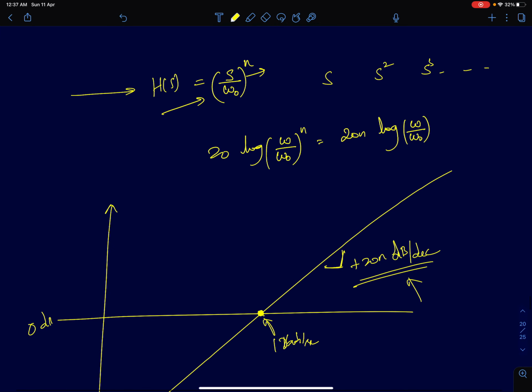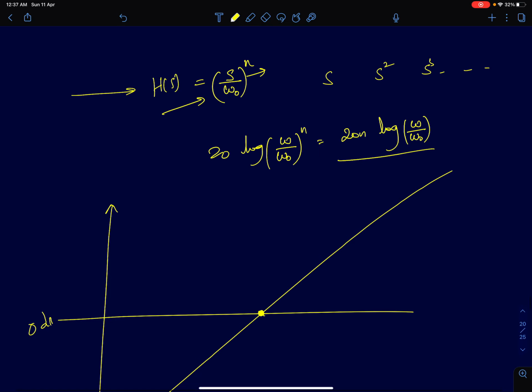Now if you look at this function, it's increasing as a function of frequency. This function 20n log of omega by omega naught, if I increase omega, is going to increase. Logarithmic function is an increasing function. At omega equal to omega naught, it will be 0 decibels. You get 20n log of 1, which will be 0.